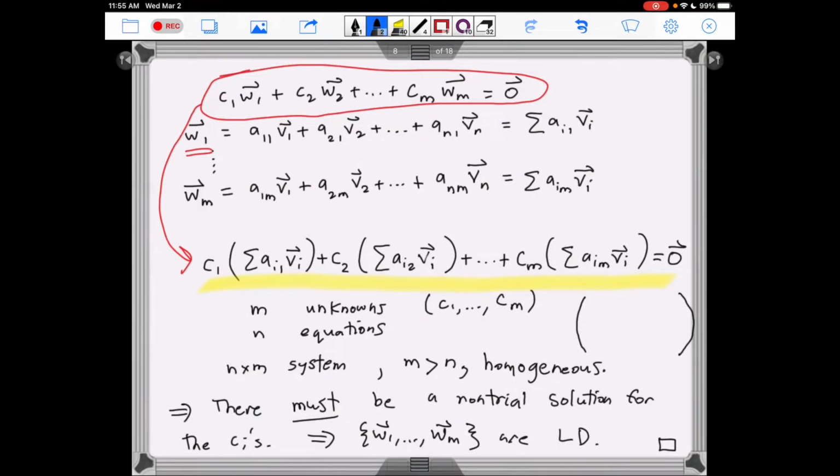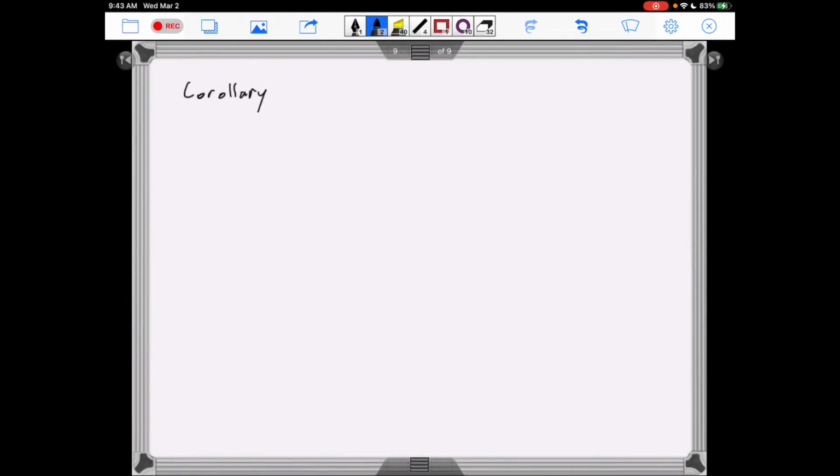So it's going to look something like this. And we know that we're going to be forced to have some free variables, okay? There's going to be some free variables because you have more columns than you have rows. And that's the reason why. So that's the outline of the proof to this.